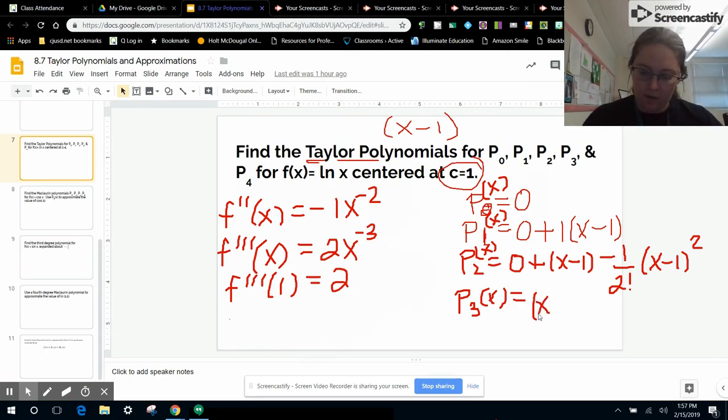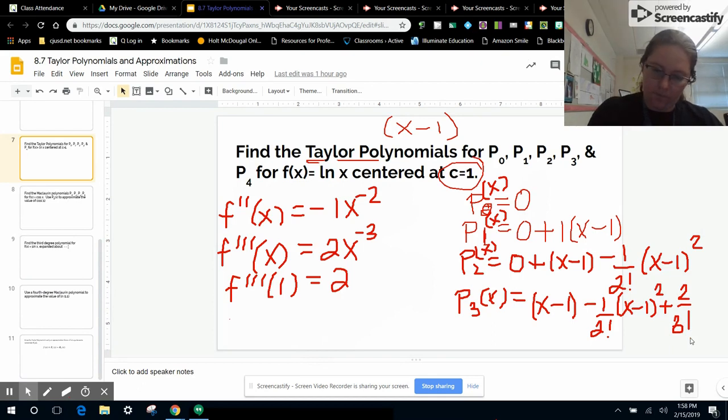So it's x minus 1 minus 1 over 2 factorial x minus 1 squared. Now I'm on the third degree, so now it's plus 2 over 3 factorial x minus 1 cubed.